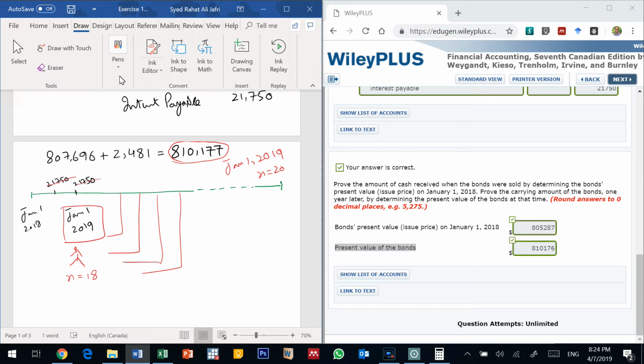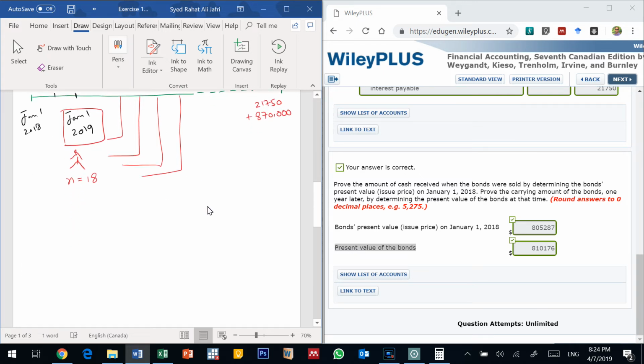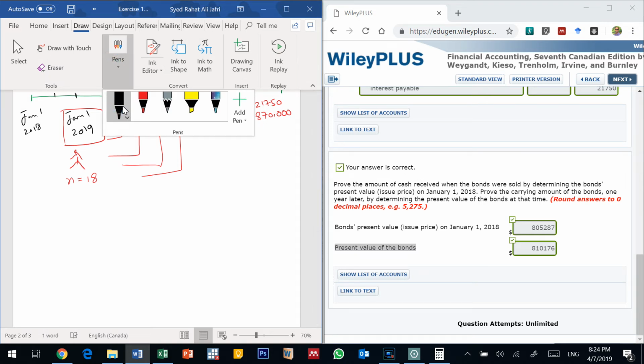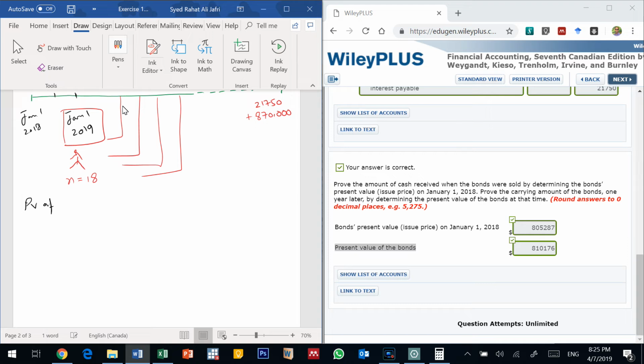So we are left with 18 payments of $21,750 plus the PV of the face value of the bond, which is $870,000. So alternatively, we can compute the PV of these 2 numbers. So PV of bond is equal to PV of annuity plus PV of face value.